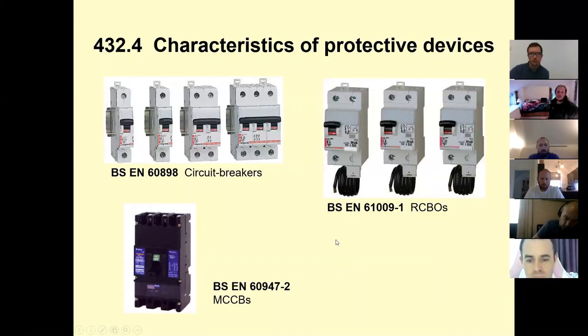Now we've got some resettable overcurrent protective devices. So your typical circuit breakers, single pole, double pole, triple pole, a molded case circuit breaker that you get in industry, hundreds of amps, thousands of amps, same sort of operating principle really.